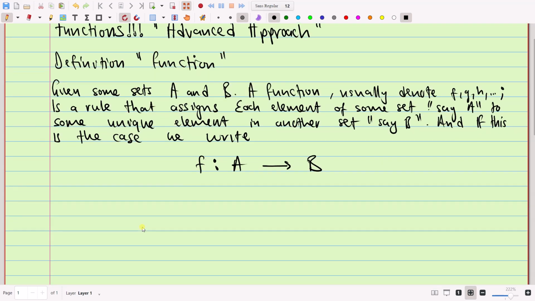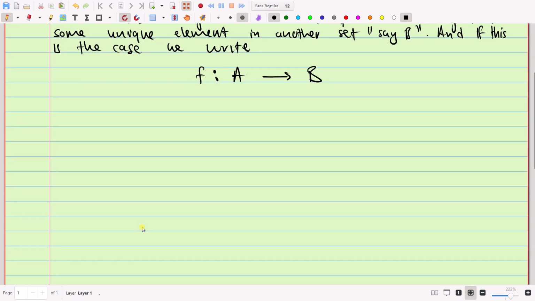To give this a visual illustration, we can represent functions as below.